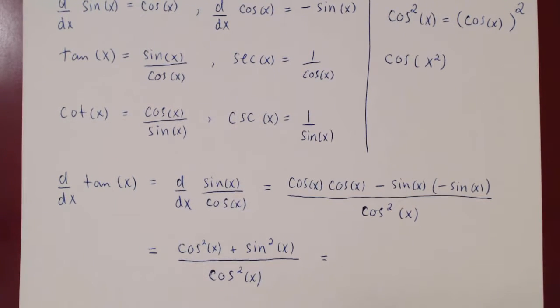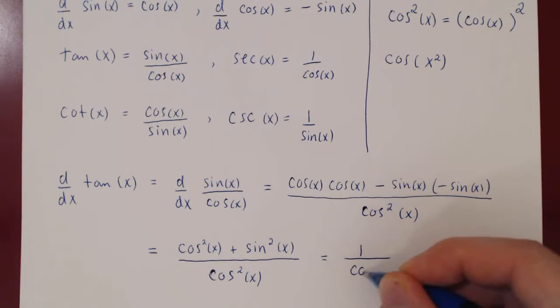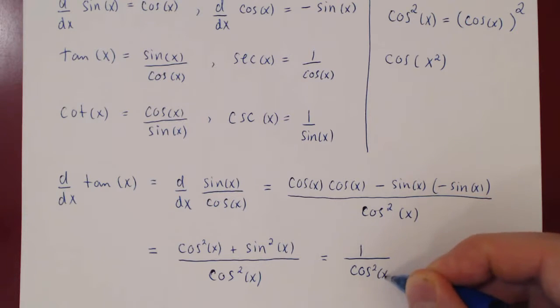And if you remember, by Pythagoras' theorem, sine squared of x plus cos squared of x for any x is equal to 1. So we have 1 over cos squared of x.